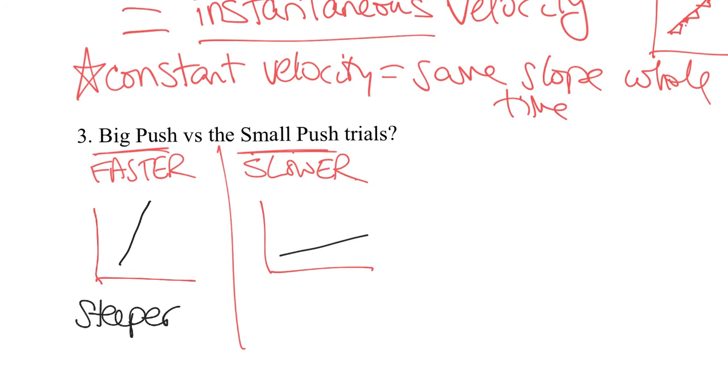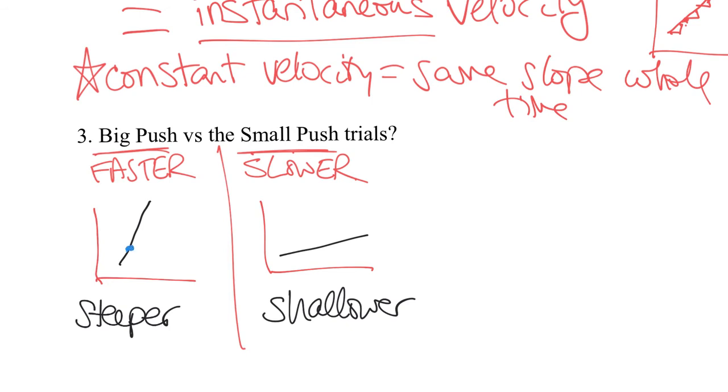So steeper and shallower. Let's see if we can make sense of that. When we think about steepness or shallowness, we're talking about slope, so we're talking about rise over run.